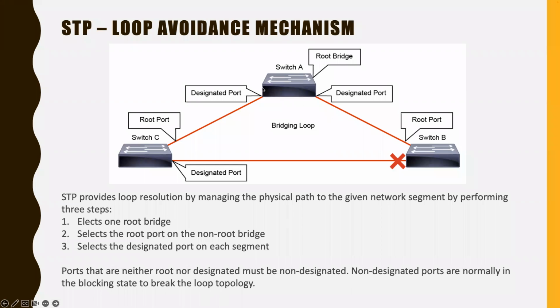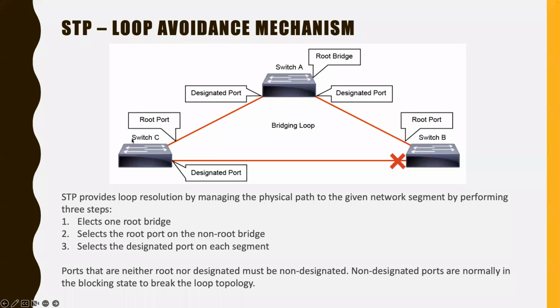For example, in this topology, let us think that switch A was selected as our root bridge. Since this is a root bridge, all the ports connected to this switch will automatically act as designated ports. They will be in a forwarding state.